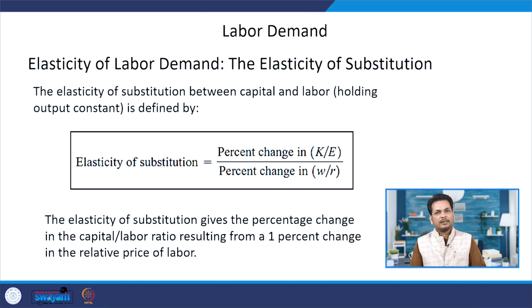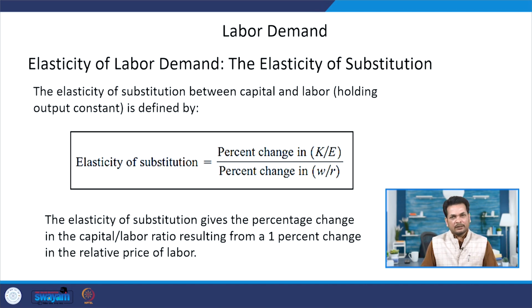So, elasticity of substitution between capital and labor holding the output constant can be defined as the percentage change in the capital labor ratio resulting from 1% change in the relative price of labor.